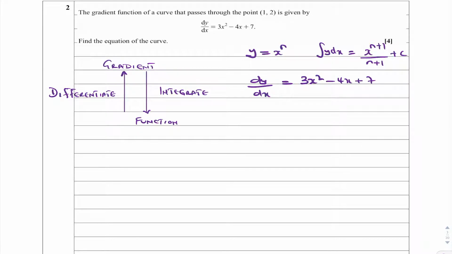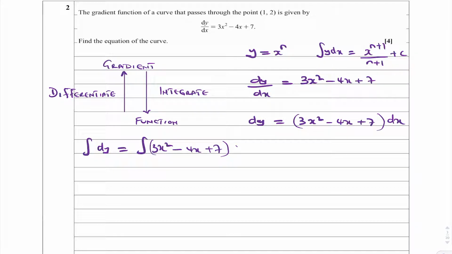Multiply both sides of the equation by dx. dy equals 3x squared minus 4x plus 7 times dx. Now we need to apply the integral. Integral of dy equals integral of 3x squared minus 4x plus 7 dx.